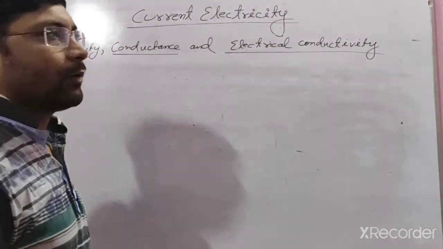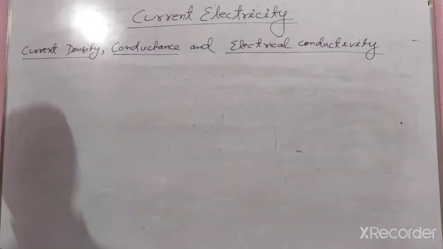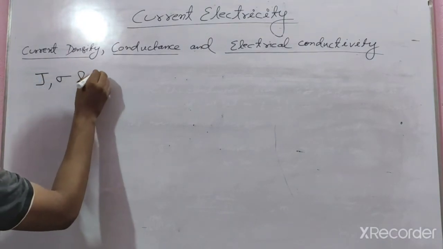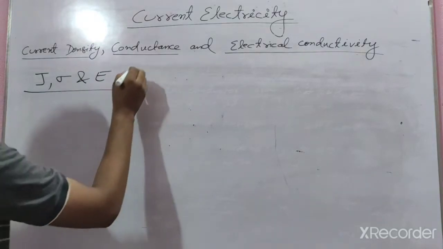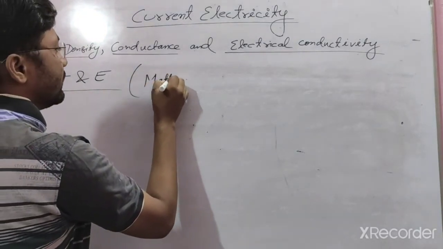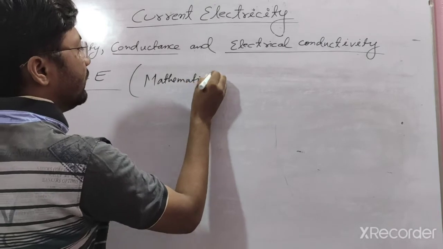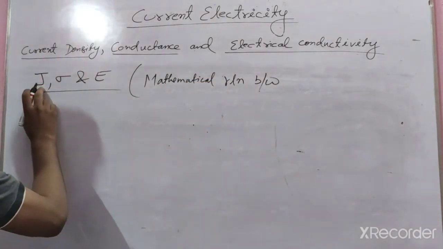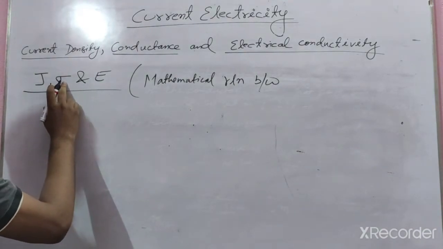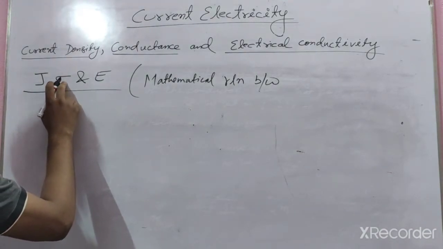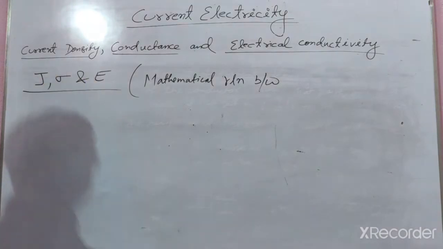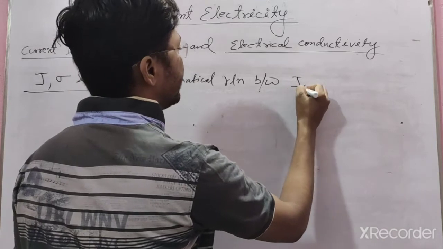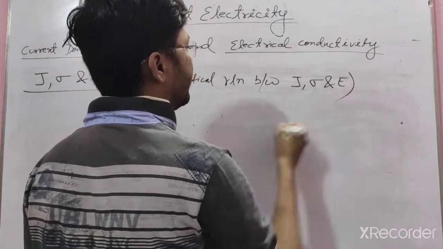Now students, we are going to derive a mathematical relation between J, sigma and E, where J is current density, sigma is electrical conductivity, and E is electric field.